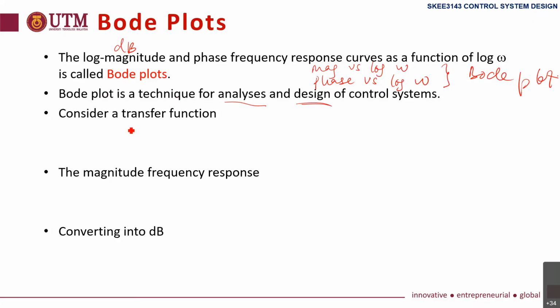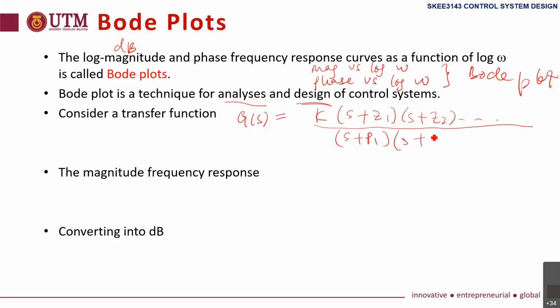Consider a transfer function in which G(s) equals K, a constant, times (s plus z1)(s plus z2), and so on, divided by the denominator poles, (s plus p1)(s plus p2)(s plus p3), and so on. Of course, we can transform this into j omega by substituting s with j omega.